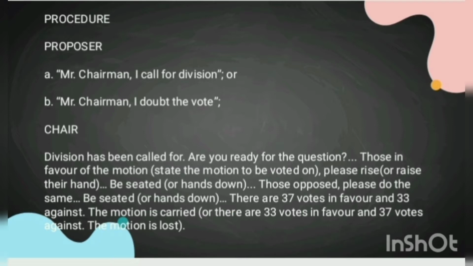After counting, the chair will announce the result: "There are 37 votes in favor and 33 against, so the motion is carried." Or he will say, "There are 33 votes in favor and 37 votes against, so the motion is lost."